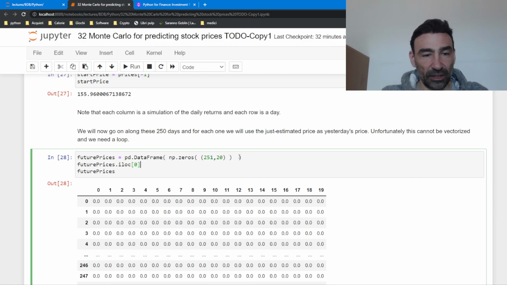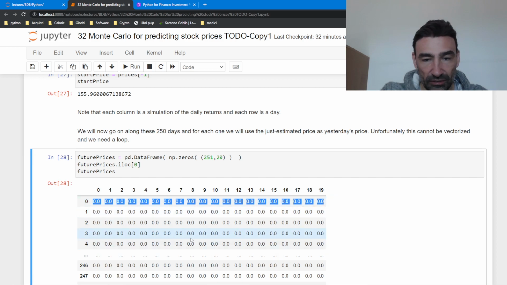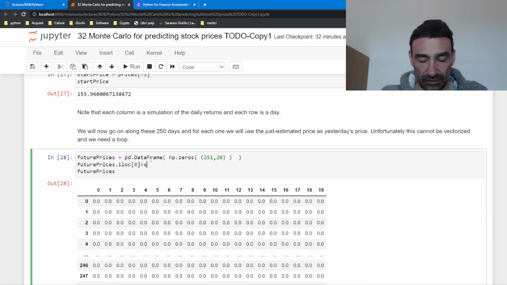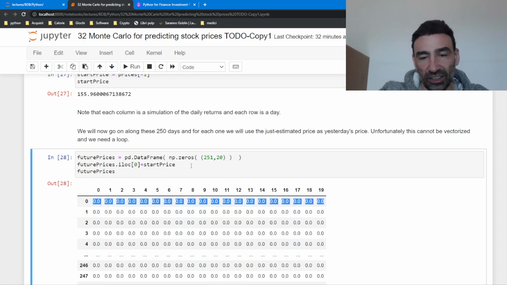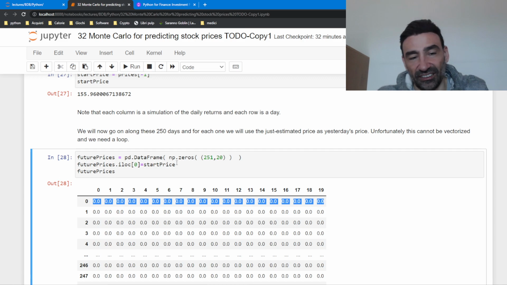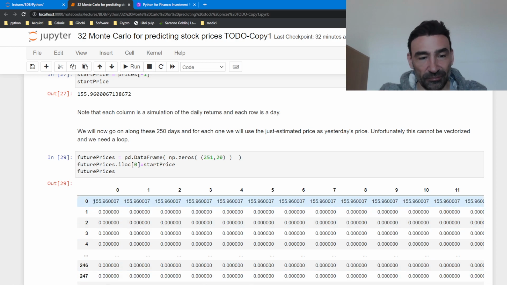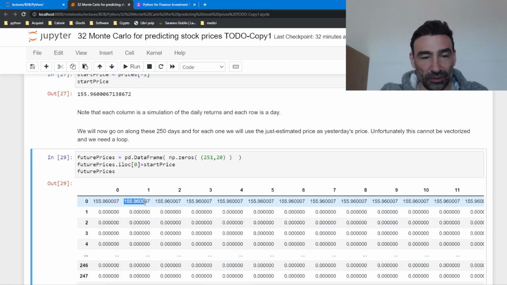I remind you that iloc 0 is this row here. And I set it equal to start price. I set an entire row equal to a single number, something which theoretically is impossible, but Python is so intelligent to understand that it has to put the number in all the values. So we start from the price of yesterday.